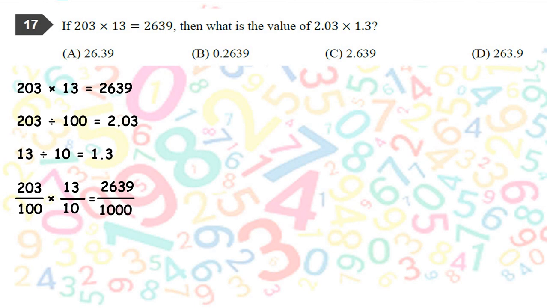Now 2639 divided by 1000 will be how much? We will place the decimal point starting from the right after 3 places. So 2.03 into 1.3 is 2.639. So which option is correct? Option C is correct. Next question.